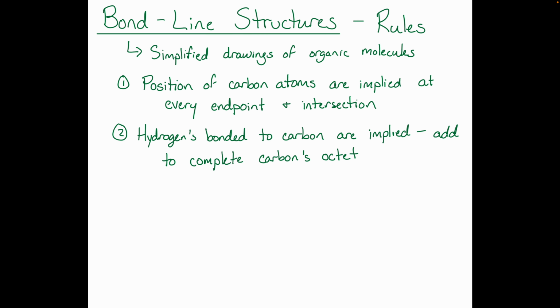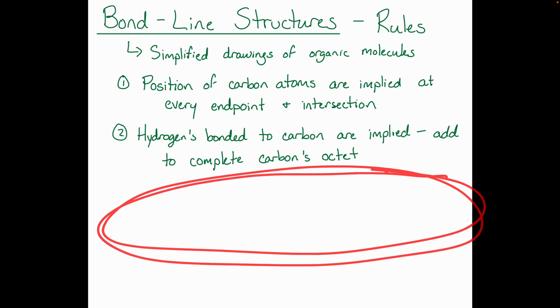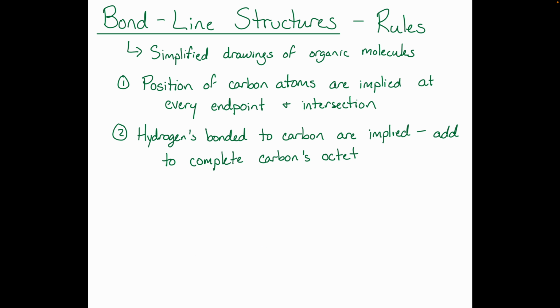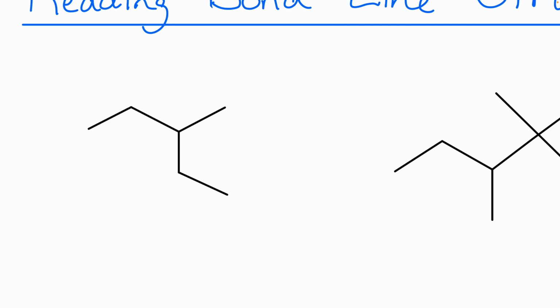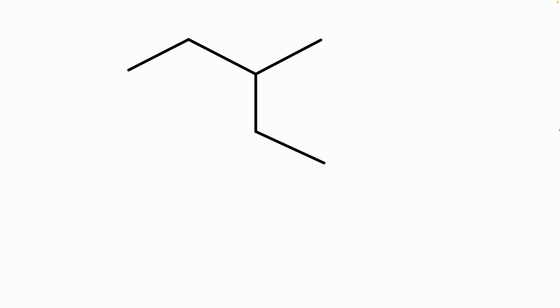I'm going to leave some room here for one last rule. But before we move on, I'm going to first make sure we know how to read these bond line structures, and then we'll worry about drawing them ourselves. All right? So for these molecules here, let's just zoom in on this first one. I want to know how many carbons there are and how many hydrogens there are, i.e. I'm looking for the molecular formula of this molecule here.